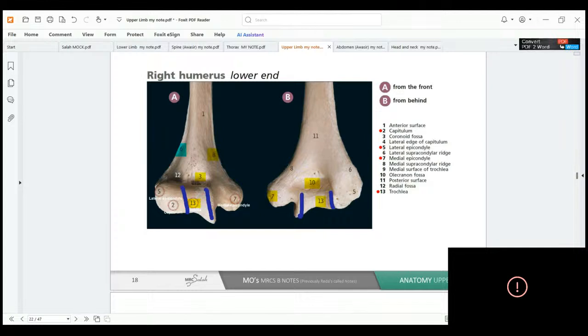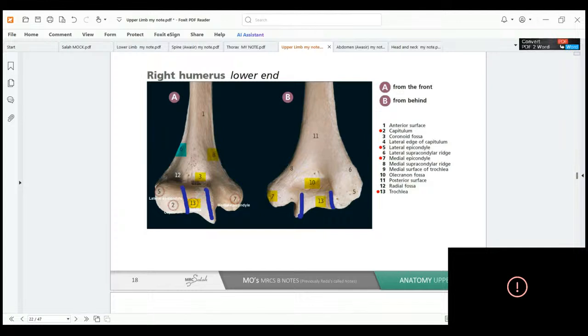Number two, capitulum. Number five, lateral epicondyle, and seven is medial epicondyle. Then number 13, trochlea. 10 is olecranon fossa, and 3 is coronoid fossa.